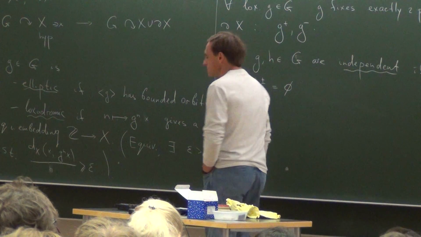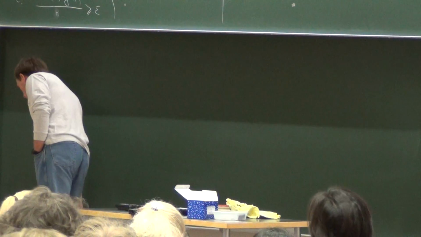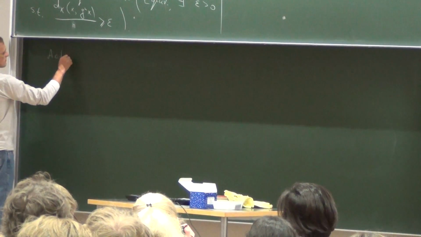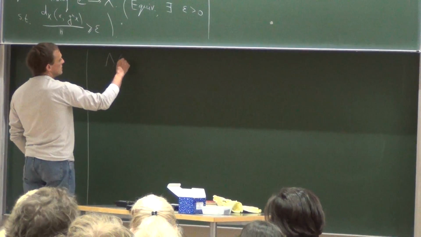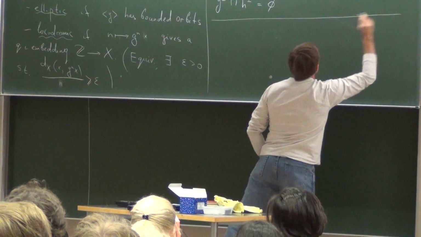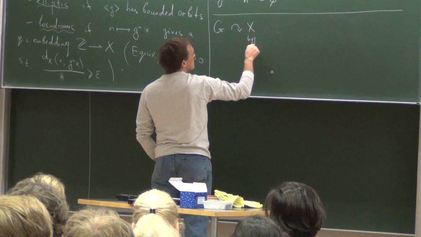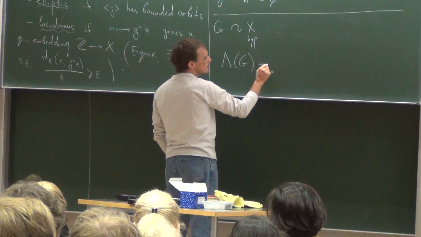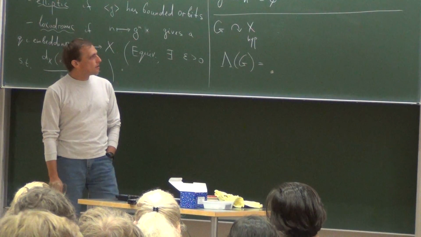Now I want to remind you of the classification of actions on hyperbolic spaces, which is due to Gromov. There will be five types of actions, which can be classified in terms of the set of limit points on the boundary. Let me remind you that if you have a group G which acts on a hyperbolic space X, then we define the limit set of G as the set of accumulation points of any orbit on the boundary.